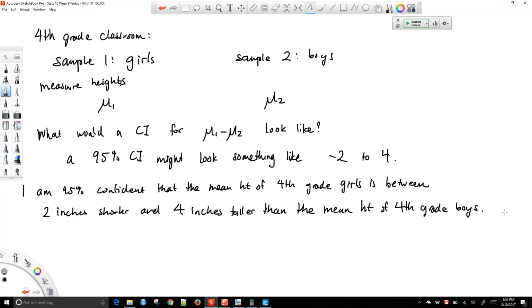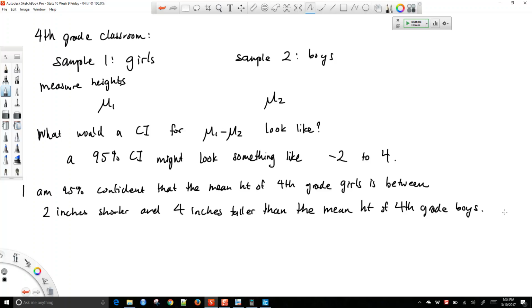So we're saying that if we looked at the average height of all girls and the average height of all boys in 4th grade, all we can say is that it might be somewhere between 2 inches shorter and 4 inches taller, at least based on whatever sample I might have collected here.